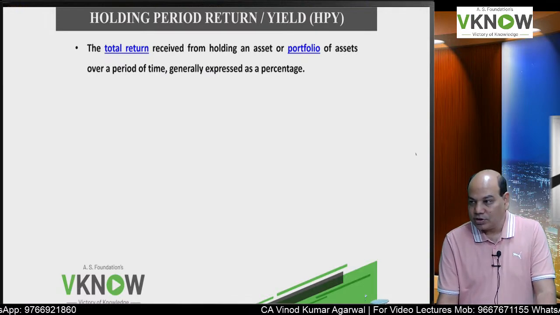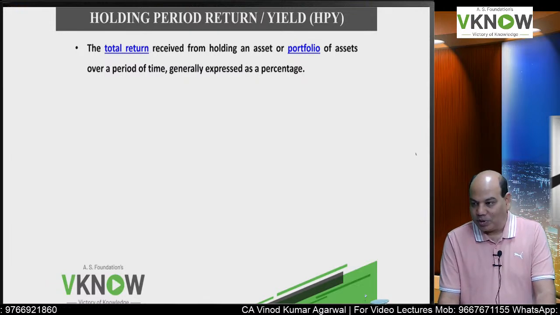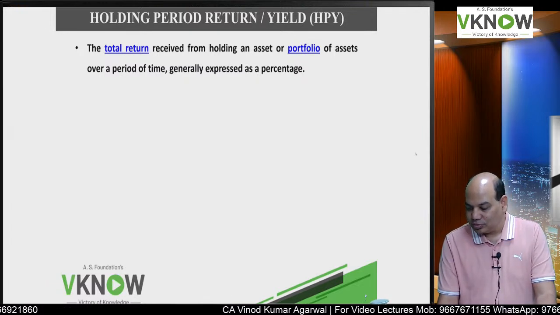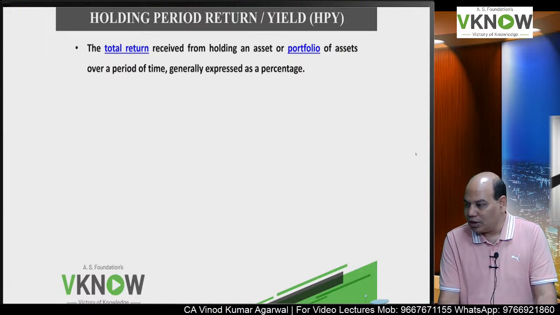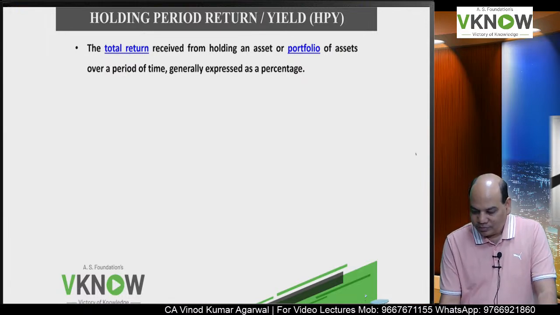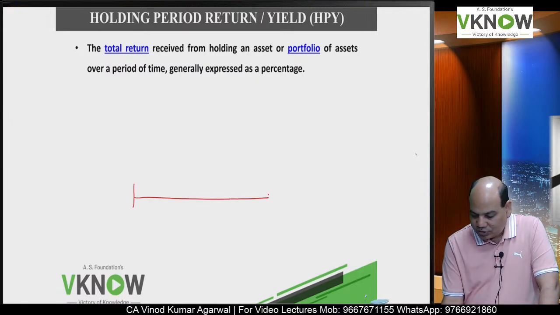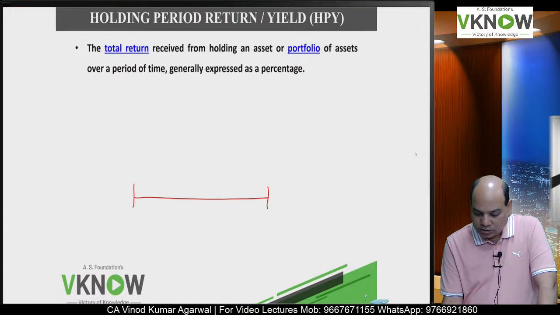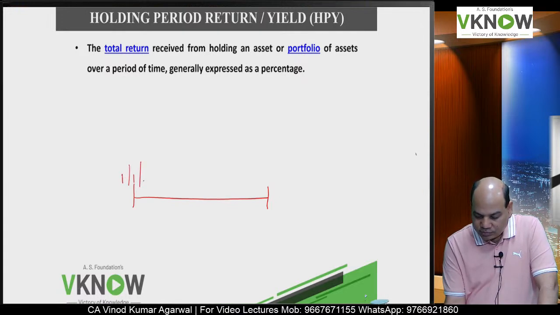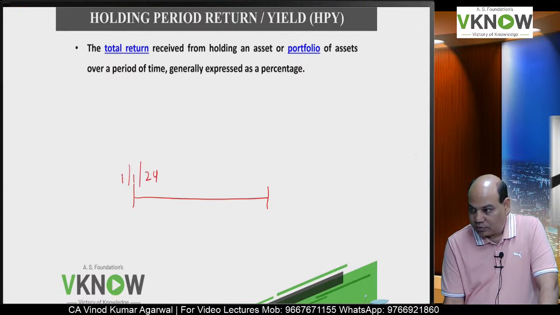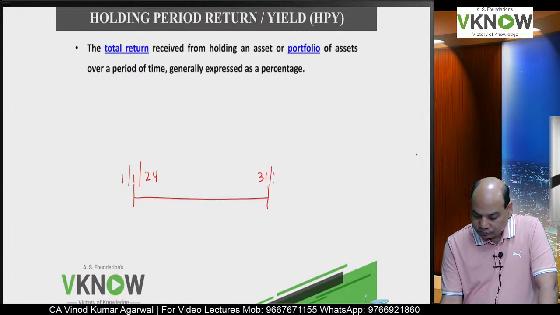So let us first learn holding period return or holding period yield. In short, we will call it HPY. Now it is very simple. This is simplest. Suppose it is 1st January 2024, 31st December 24.